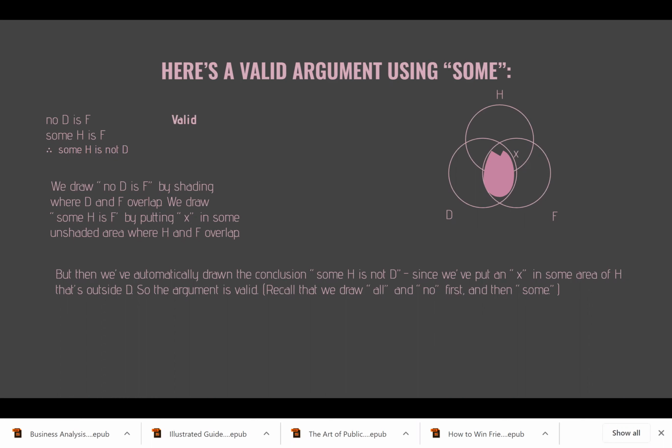We draw some H is F by putting an X in some unshaded area where H and F overlap. But then we've automatically drawn the conclusion some H is not D, since we've put an X in some area of H that's outside D. So the argument is valid. Recall that we draw all and no first, and then some.